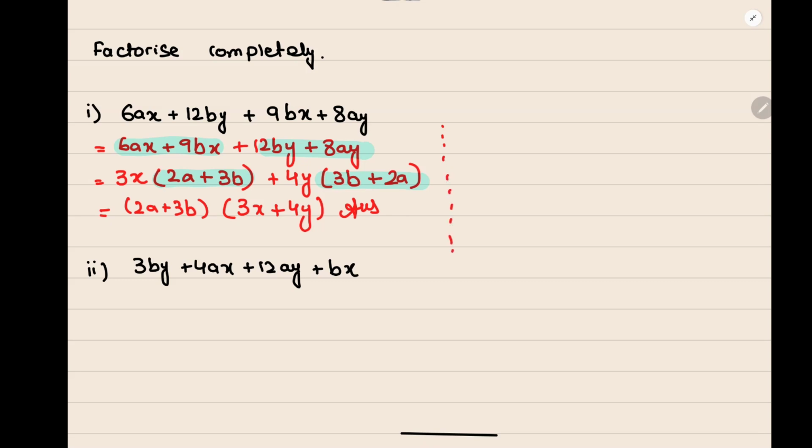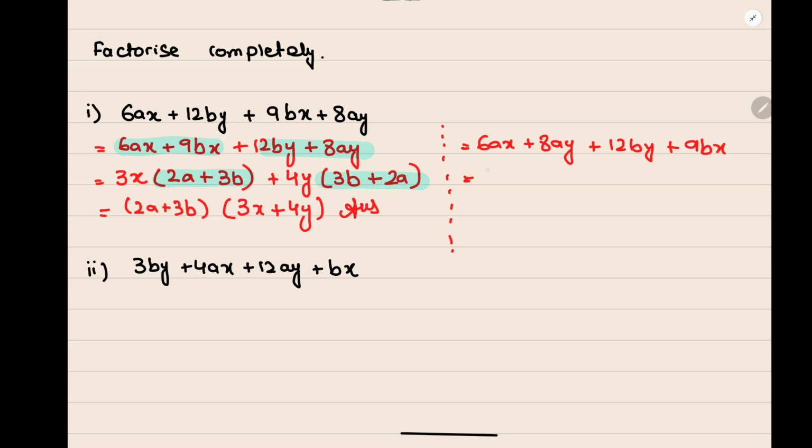Now, you can arrange it in a different way also. Like, I took 9BX as my second term. You can take like 6AX, and I can even take 8AY first, and then I can write 12BY plus 9BX.